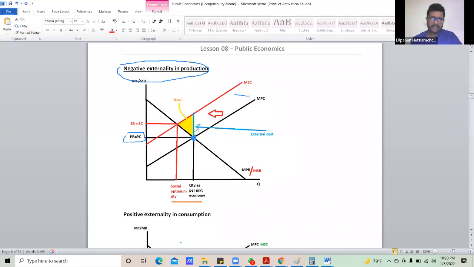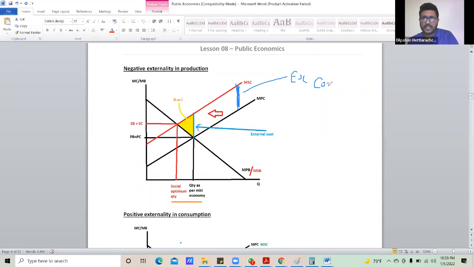And a few more things we can learn from here. After this shift, you can see a vertical difference between these two curves, like this difference. And you can see, since these two curves are parallel, the vertical difference is always the same at every point. What is this vertical difference? This is called the external cost.